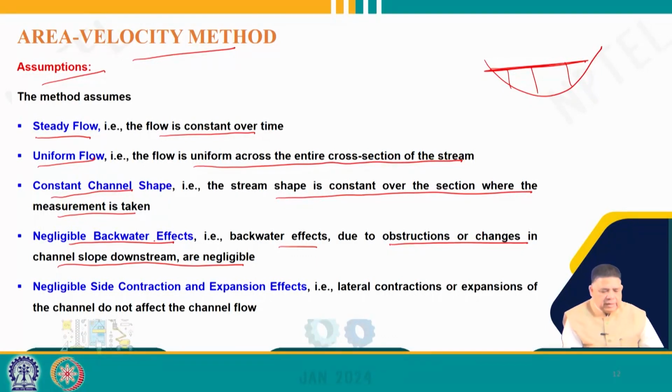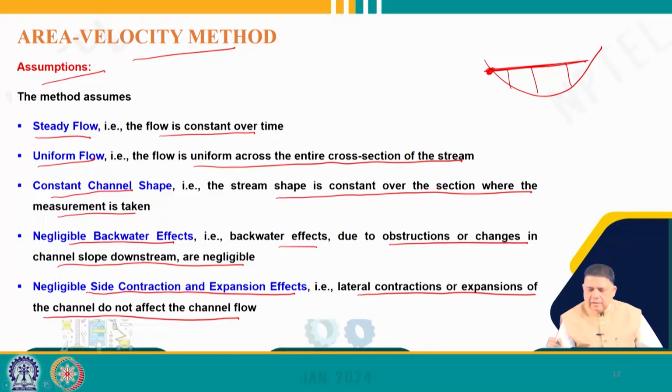So, we assume that there is a negligible backwater effect and negligible side contraction or expansion effects, that is, the lateral contractions or expansions on the channel do not affect the channel flow. So, that means if there are any contraction or expansion at the sides, that will not affect the flow. These are the kind of assumptions we make here.